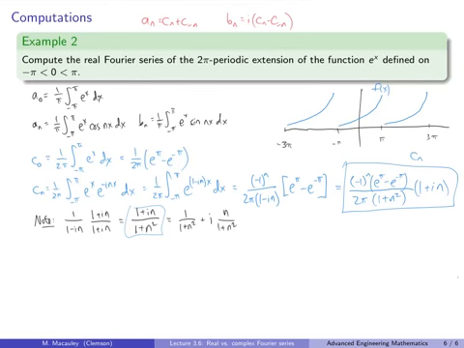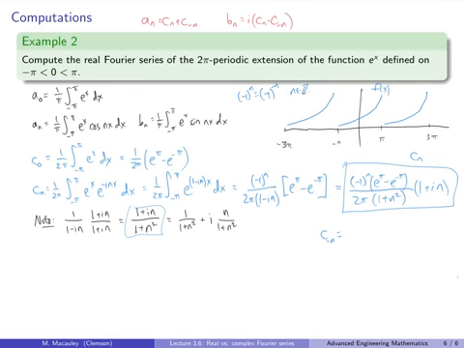Okay, so what is C negative n? C negative n is what we get if we just plug negative n into here. Now it's easy to see that this n doesn't change, because negative 1 to the n equals negative 1 to the negative n if n is an integer.